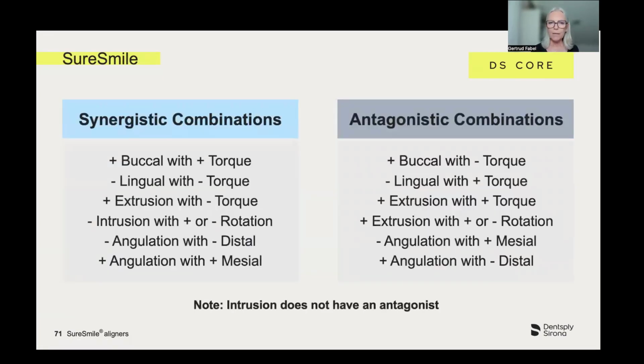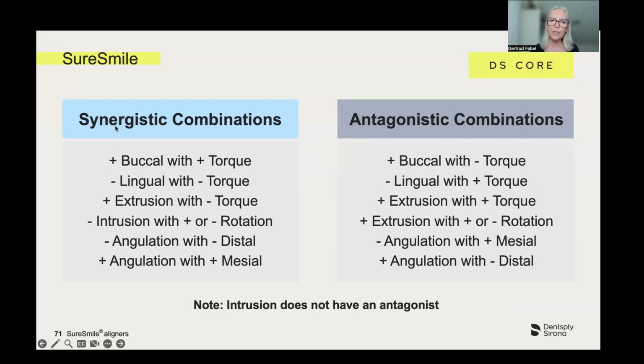Now, coming back to a more complicated topic in the SureSmile algorithm: explaining the synergistic and antagonistic combinations is maybe a little hard. I try to explain. Single movements like torque or rotation, I think everyone can imagine how they work.